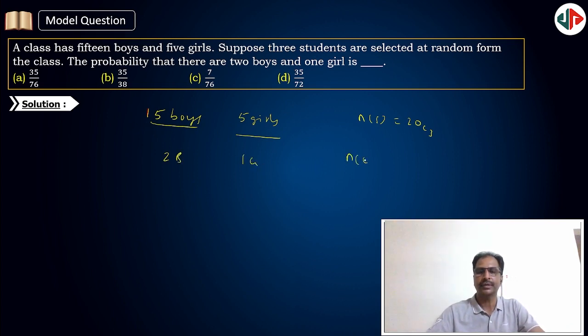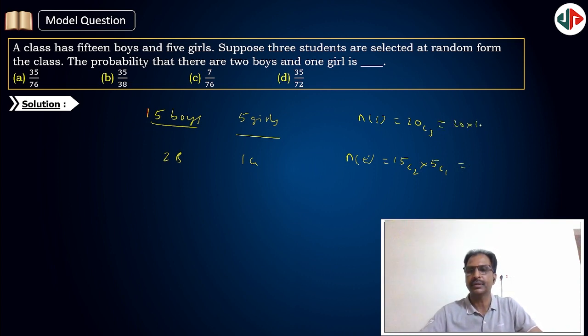So what is n of E? In how many ways can we select 2 boys from 15, 15C2, into 1 girl from 5, 5C1. 20C3 is 20 into 19 into 18 by 3 factorial 6, 6 3 times. 15C2 is 15 into 14 by 2 into 1, 15 into 7 times.